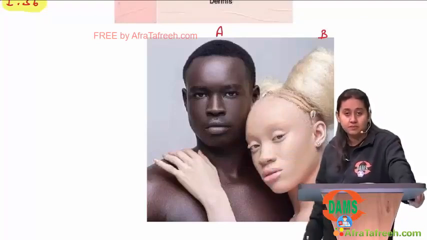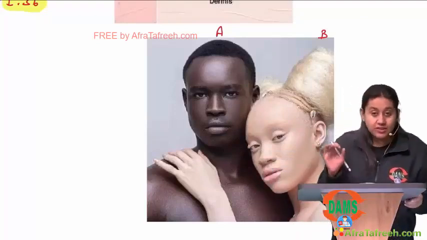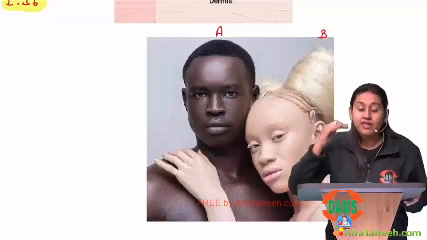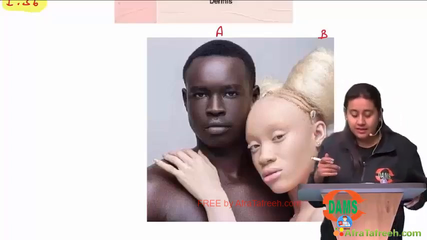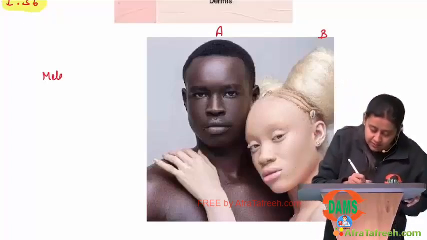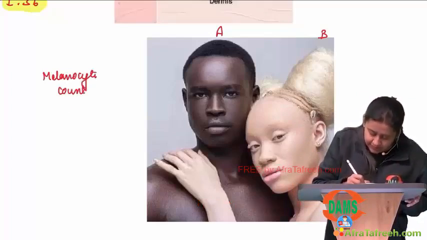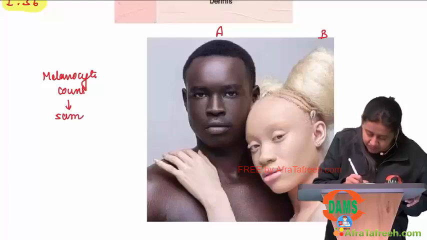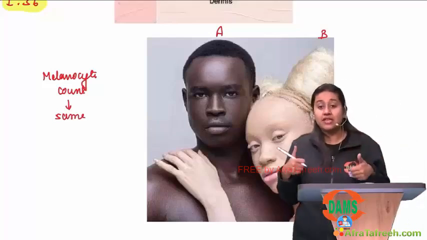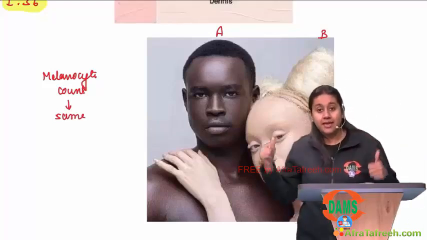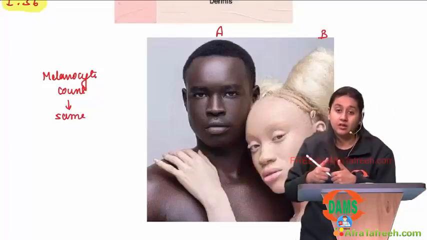Can you answer? Please remember, my students, one very important point: whether you have a dark skin or a light skin, the melanocyte count remains the same. There is no change in the melanocyte count. It remains the same whether you are light or you are dark.